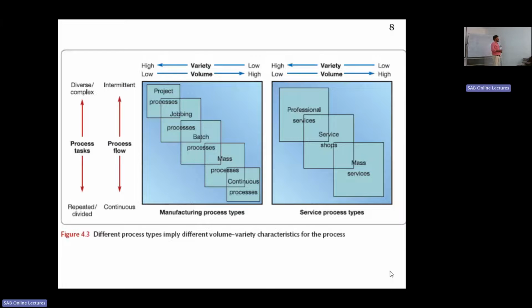Right. Coming to the second one, service shop processes, what we call it. Service shop processes are particularly used to produce a limited variety of services. That means not highly customized, but a limited variety of services in moderate volume.